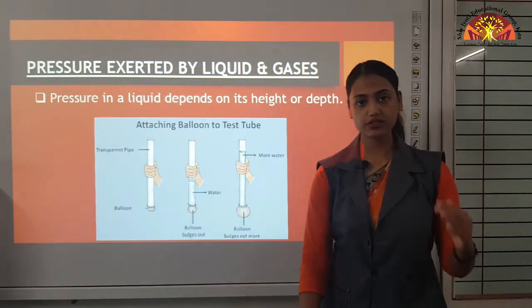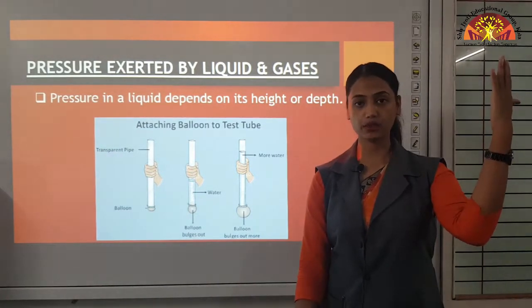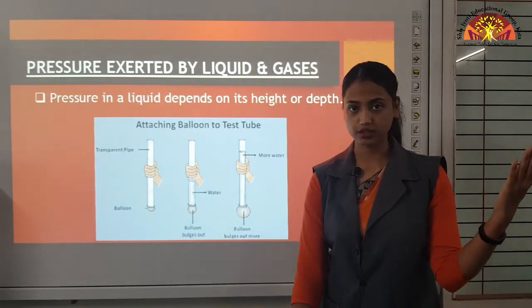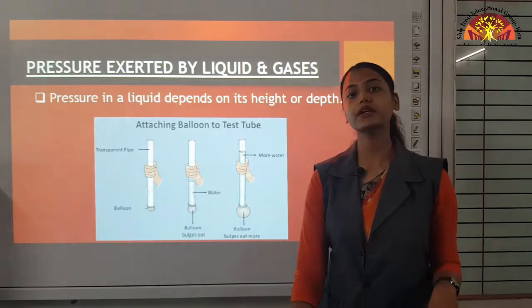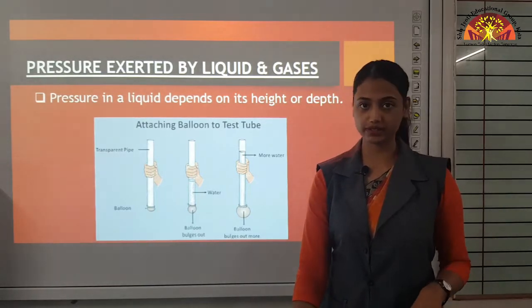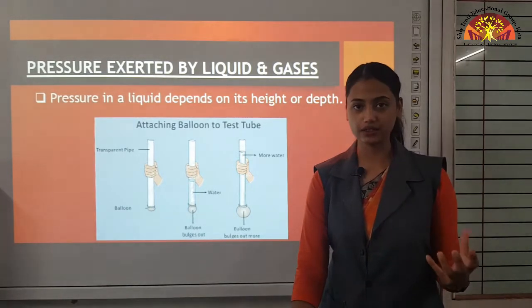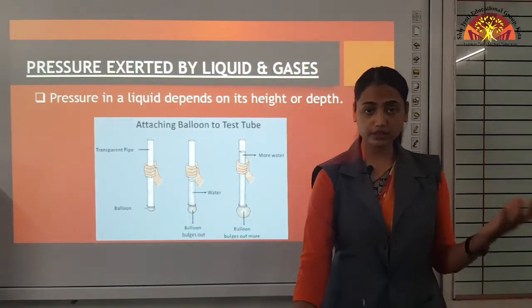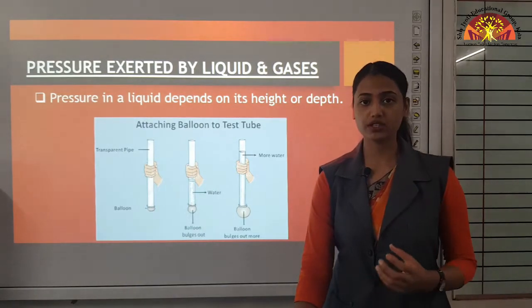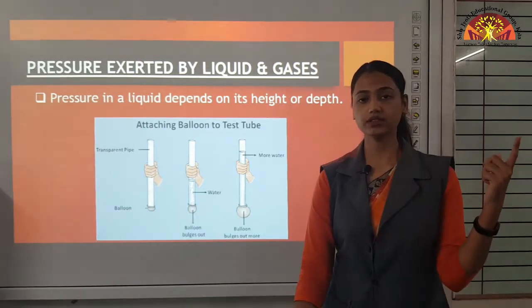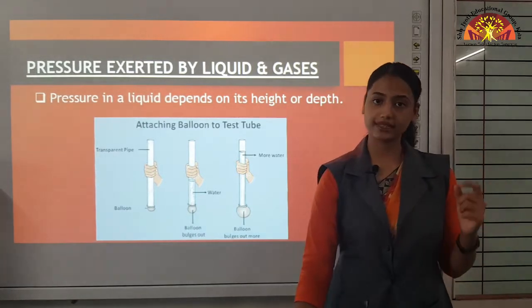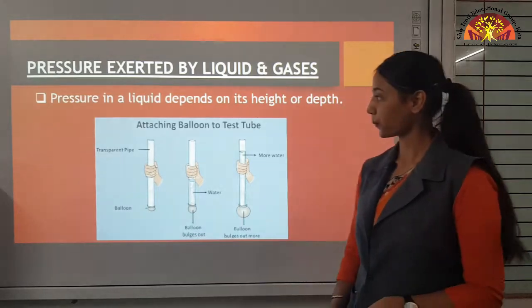Always remember, as we go to the upper side, pressure keeps on decreasing. A low pressure area is created, and as we go deeper, the pressure increases. While climbing mountains, mountaineers carry special oxygen cylinders with them. Why? Because above there the pressure is low, and that's why they carry oxygen cylinders.